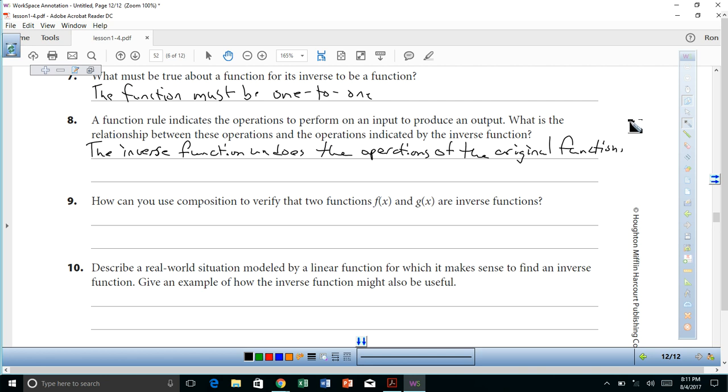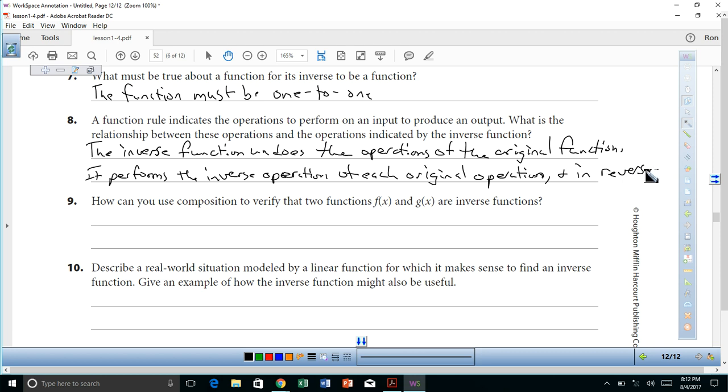It performs the inverse operation of each original operation and in reverse order.